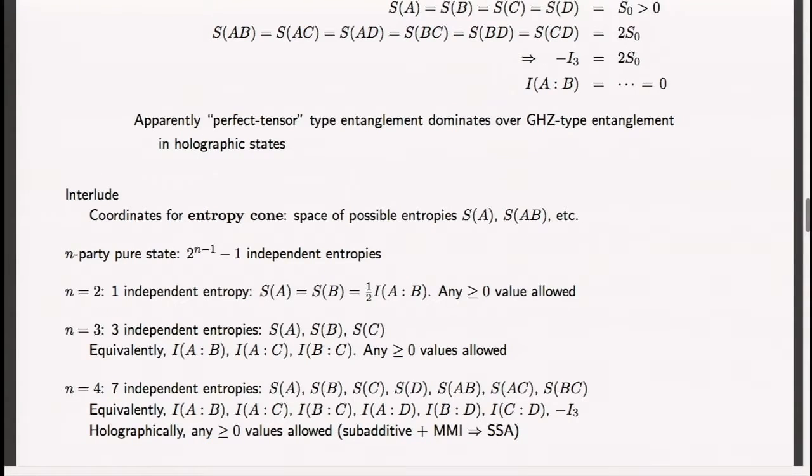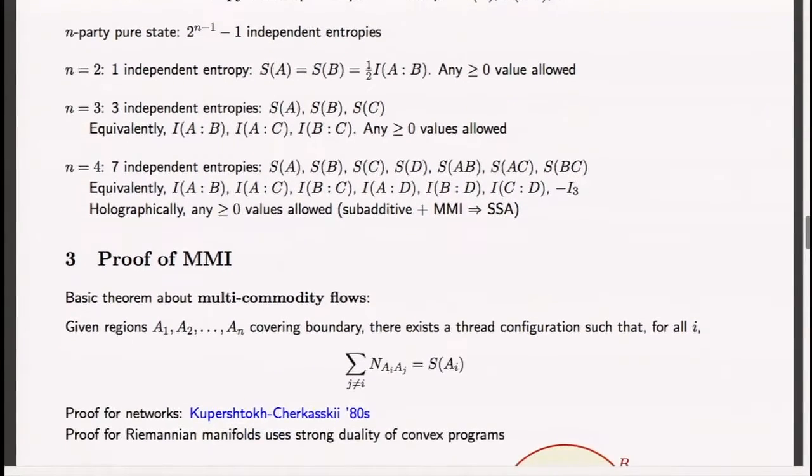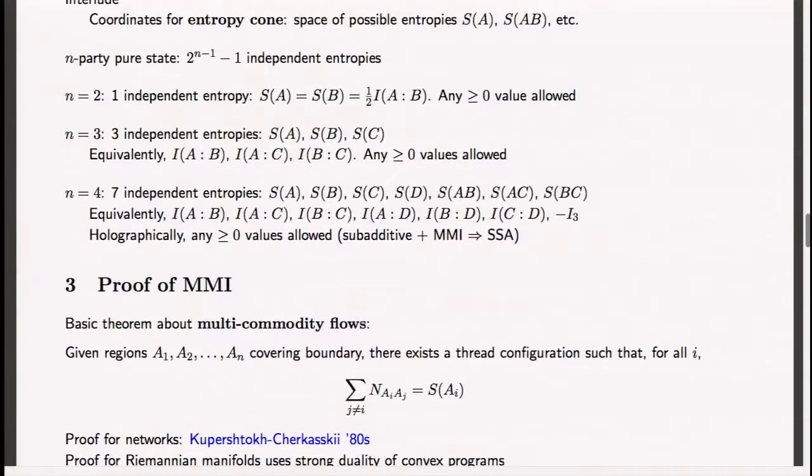The basic theorem about them is the one I'm going to state now. It's a very beautiful and somehow a little bit surprising theorem, which I'm going to state in the language of Riemannian geometry, but it was originally proved in the network context. So you have any number of regions on the boundary, and I'll state it in the language of thread configurations.